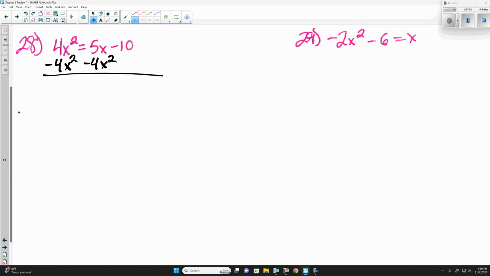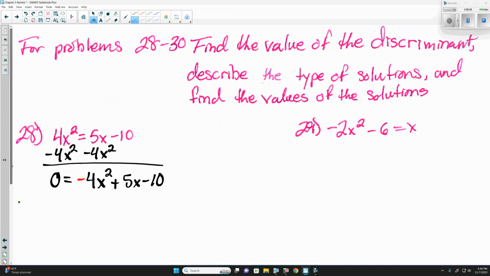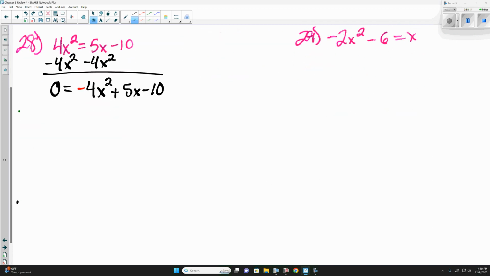We can subtract 4x squared from both sides, telling us 0 is equal to negative 4x squared plus 5x minus 10. So our value of A is negative 4. The value of B is 5. The value of C is negative 10.